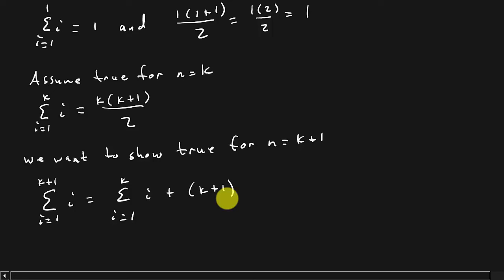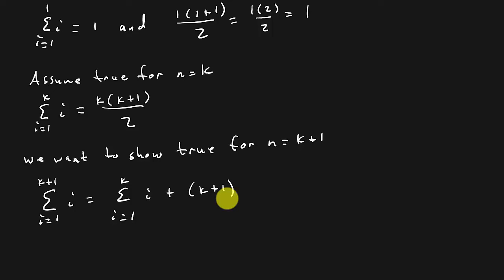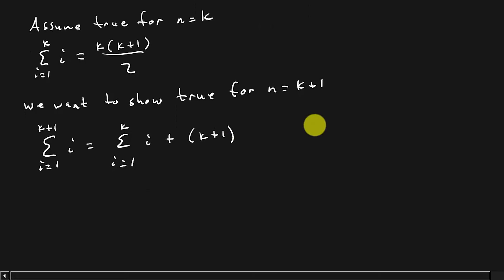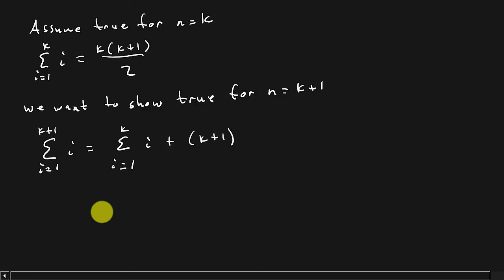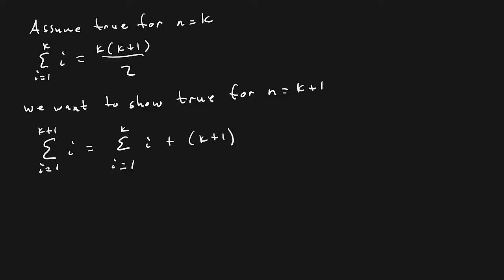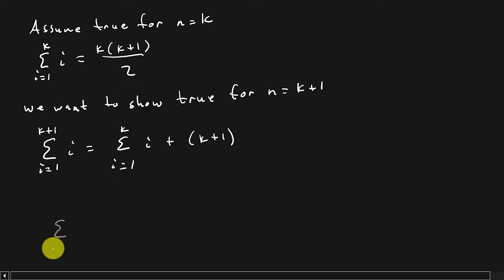All right, so let me show you where that comes from. Now this isn't part of the work on the problem, so I'll do it in a different color. If you look at the sum from i equals 1 to k plus 1 of i, that's equal to 1, then we plug in a 2, then a 3, and so on, all the way to this last one, k plus 1.